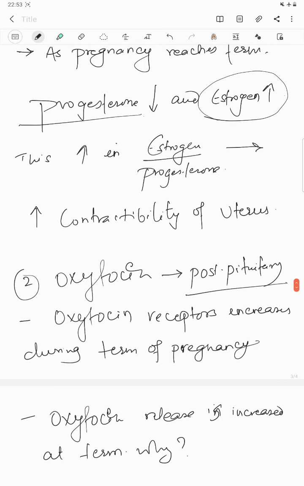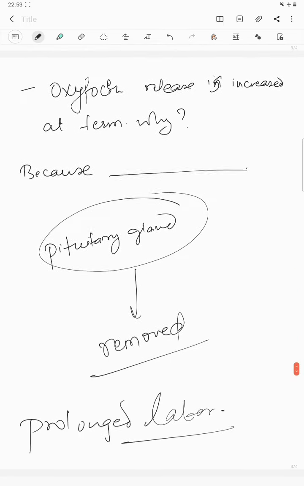So these are maternal hormones that play a role in parturition, but there have been evidences that not only maternal hormones, fetal hormones also play a role in parturition.